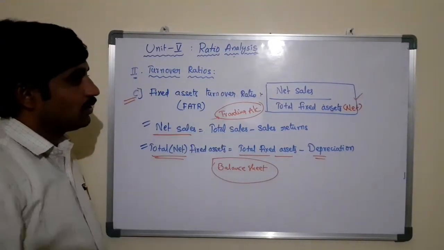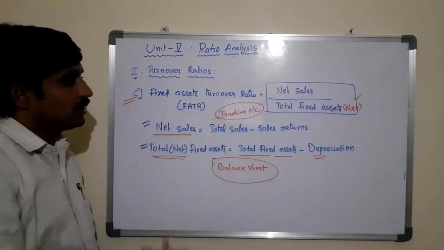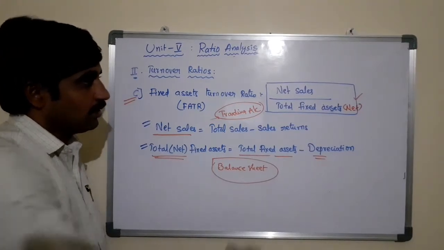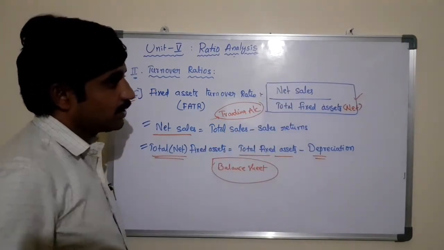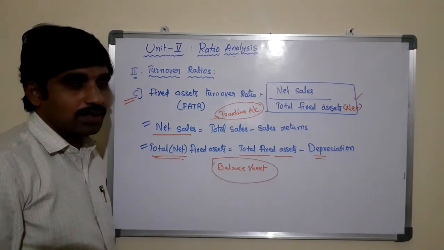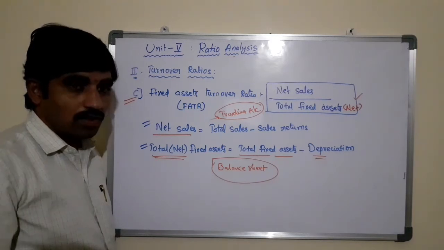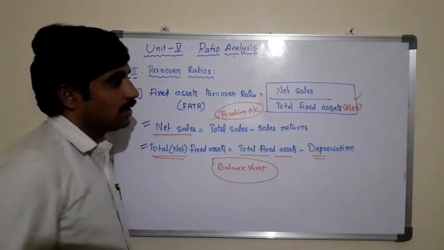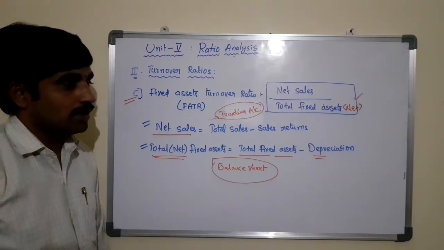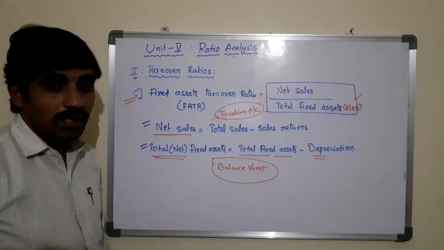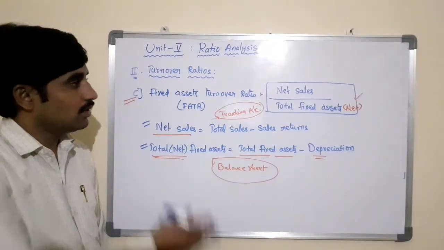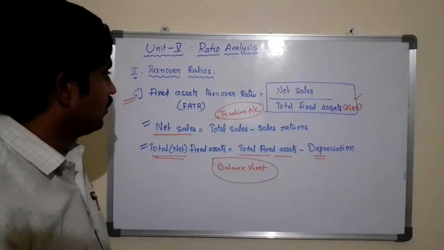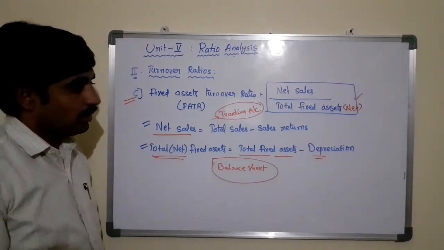You can also define the fixed assets turnover ratio as the relationship between the net sales and the total net fixed assets. This is about the total fixed assets turnover ratio.